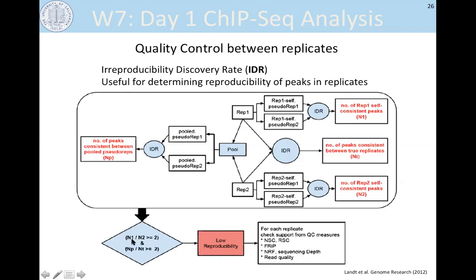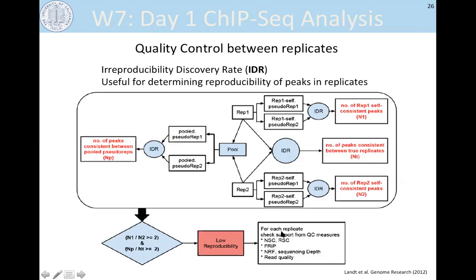And another calculation you can do is N1 over N2. That is when you take each replicate and divide each replicate into 2 pseudo replicates. So now you have 4 pseudo replicates. And then you take replicate 1 pseudo replicates, calculate the number of consistent peaks with the IDR value, that's your N1, calculate the consistent peaks from the 2 pseudo replicates of replicate 2, that's your N2, and divide those. And if that number is greater than or equal to 2, again, that would be considered low reproducibility.